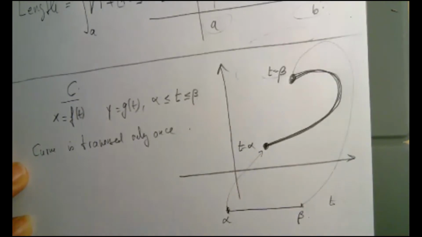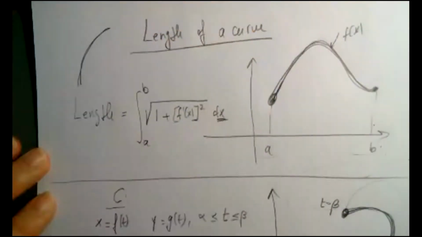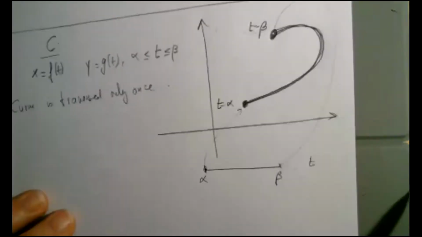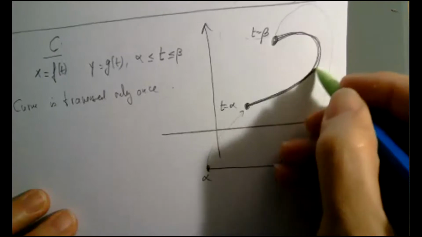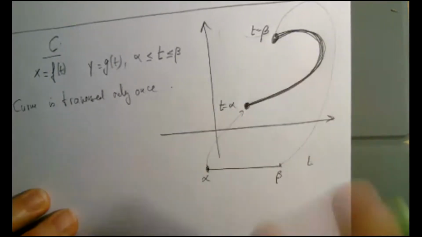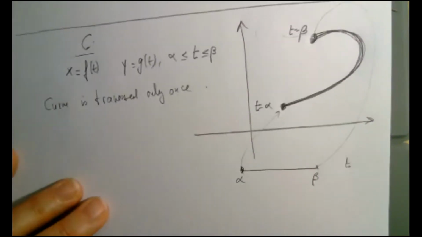It means when we sketch the curve, there is no room to go like this and back up. There is no room to go around the curve twice. The curve is traversed once because I actually want to measure its length. If I go around it three times, I will be measuring the length three times. So only traversed once, not twice.